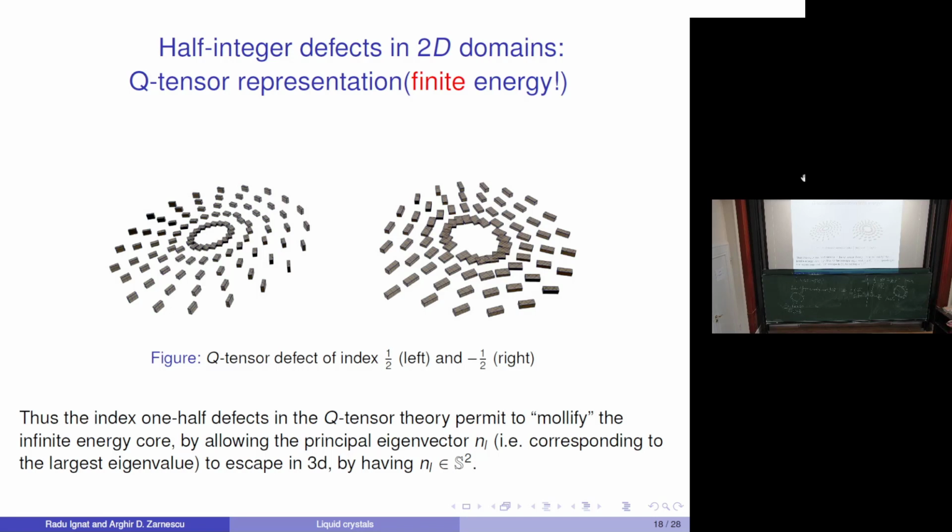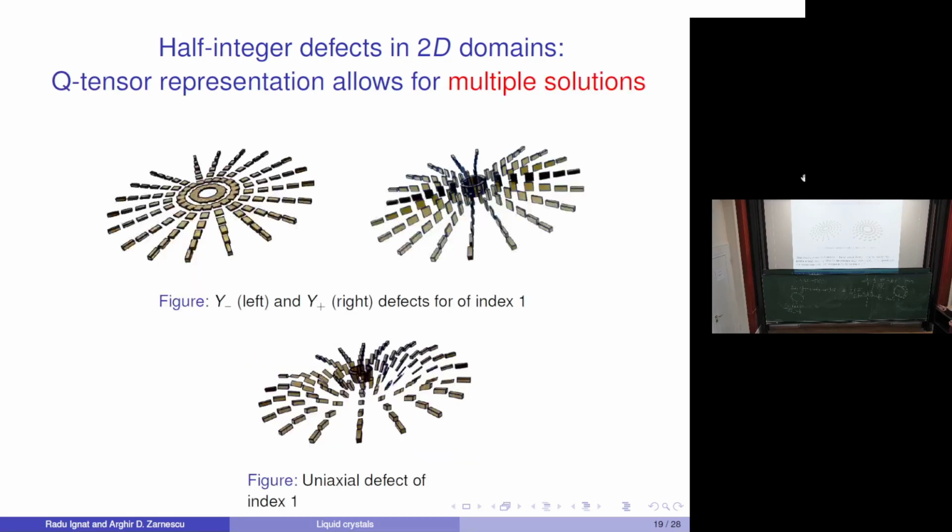So that's nice. You avoid the singularity by using this more complex behavior allowed by the Q-tensors. But you lose something: you create a more flexible theory in which you have multiple solutions, with the x over mod x boundary conditions.